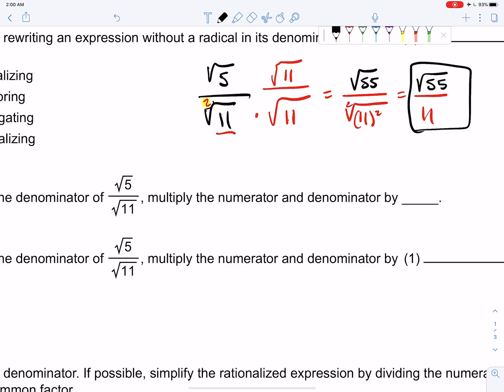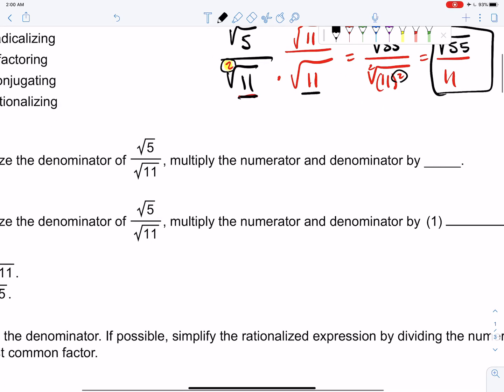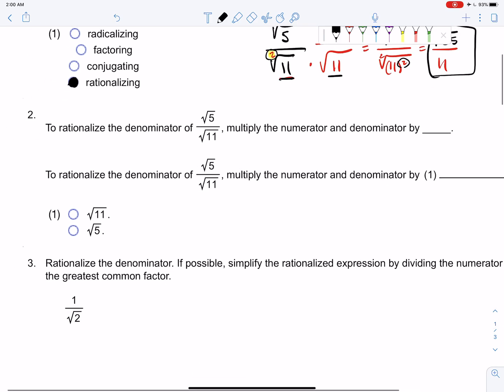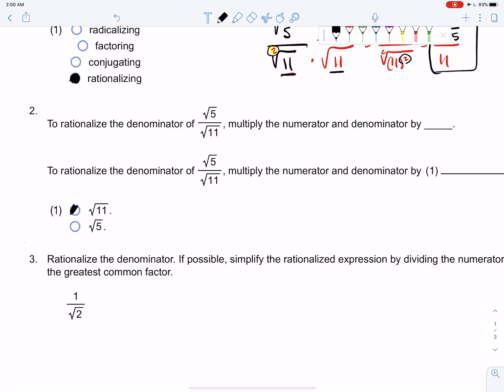With a square root, I need to have two. I already have one, so I'm going to multiply by another 11, which gives me two 11s, 11 times 11, and that allows me to rationalize the denominator. So they only wanted us to identify what you need to multiply the denominator by. Well, that's the square root of 11.